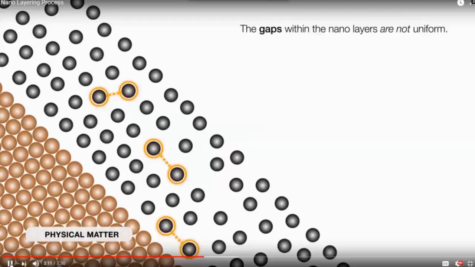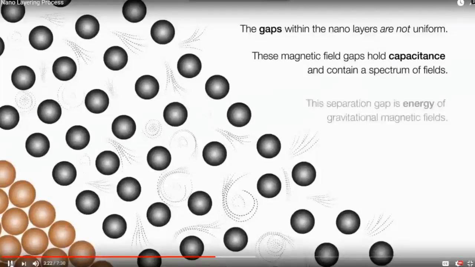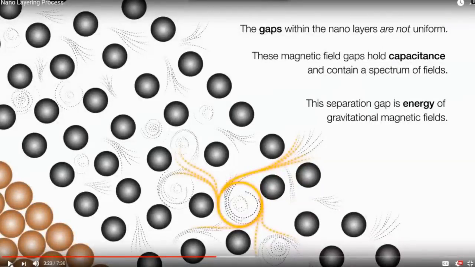The gaps within the nano layers are not uniform. These magnetic field gaps hold capacitance and contain a spectrum of fields. This separation gap is energy of gravitational magnetic fields.